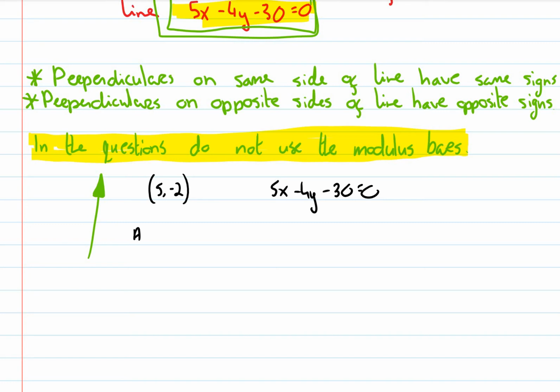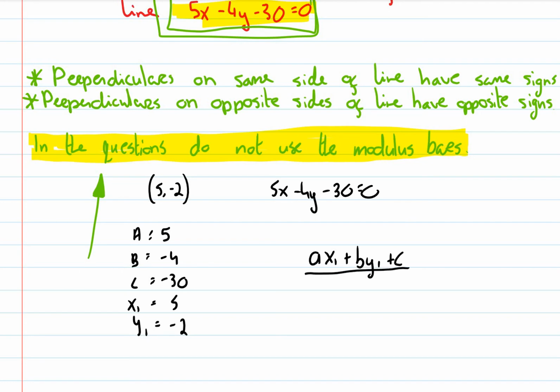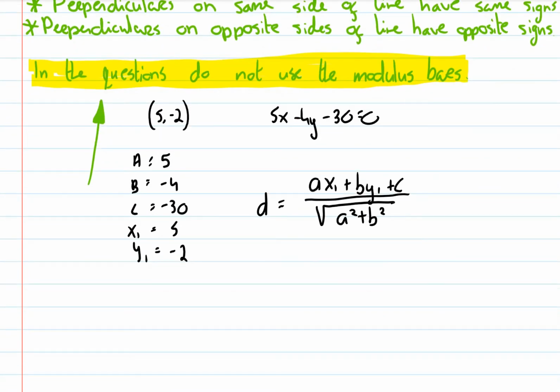Right, so my A, B, C, x1, y1 are as follows: 5, -4, -30, 5, -2. My formula: (ax1 + by1 + c) all over the square root of a squared plus b squared. The distance is that. I do not use these modulus bars, not for these type of questions.